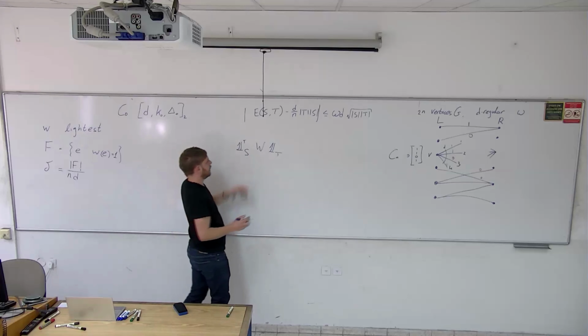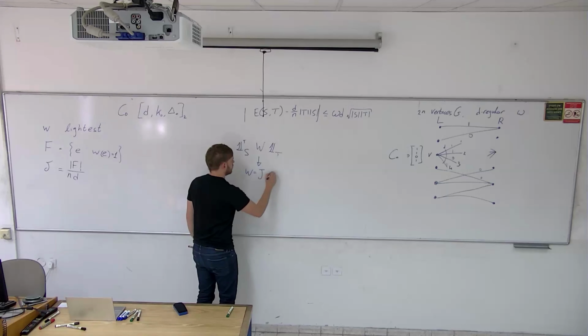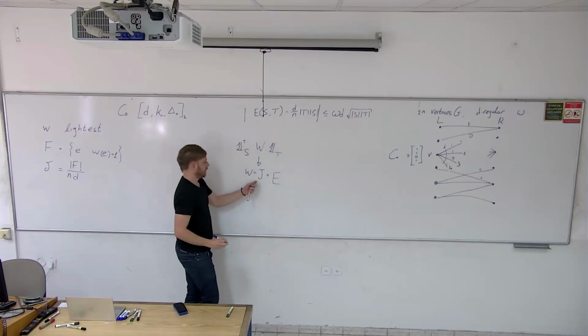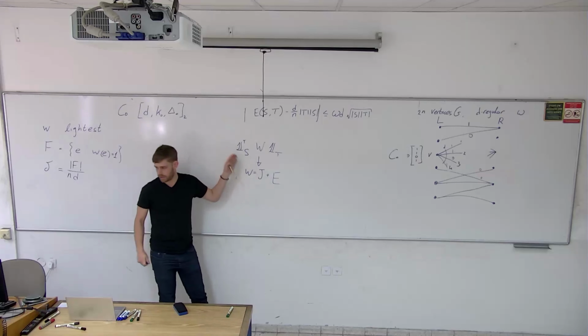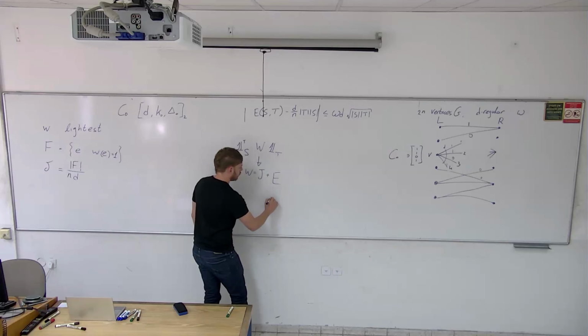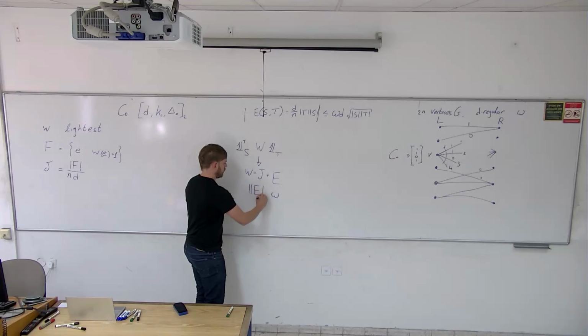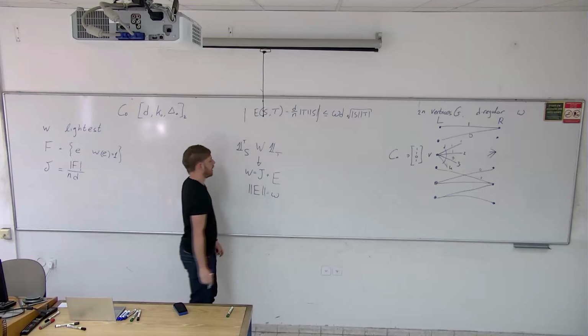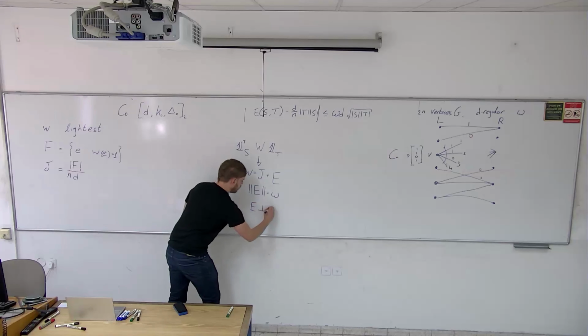Then you can write W as J plus E, where J is the all ones matrix normalized in the correct manner, and E is a matrix of norm omega, perpendicular to the all ones vector.